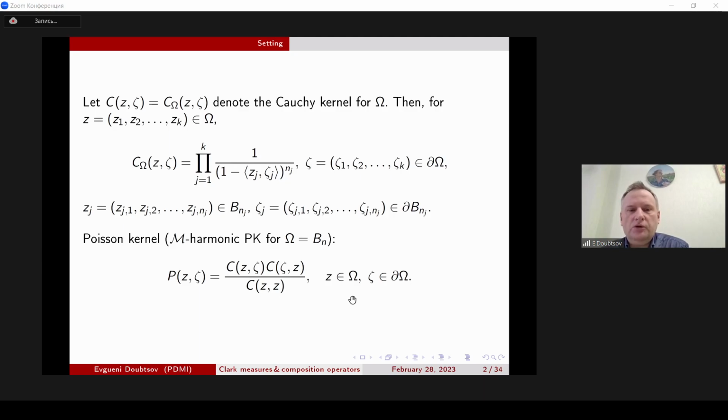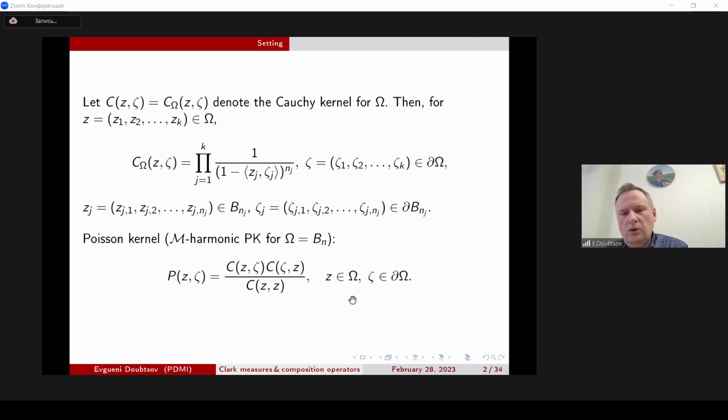And also, just to make sure that we understand what happens, for the polydisk we have k copies of Cauchy kernels in the unit disk. So the variables are just the zj and zetaj, and n sub j is equal to 1 for every copy. And we just multiply the usual Cauchy kernels, but with different variables, of course, for the unit disks.